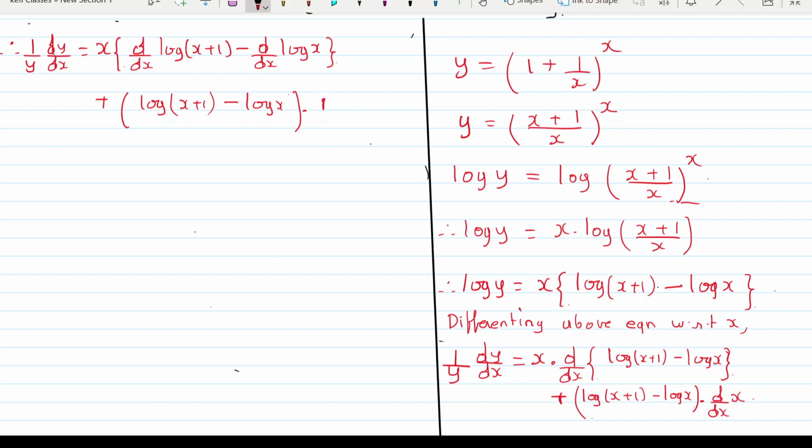Correct? The second term's derivative is 1. So which is equal to x into d by dx of log x plus 1. So it's 1 upon x plus 1 into d by dx of x plus 1 minus 1 by x.